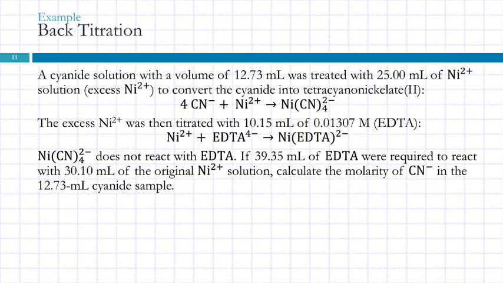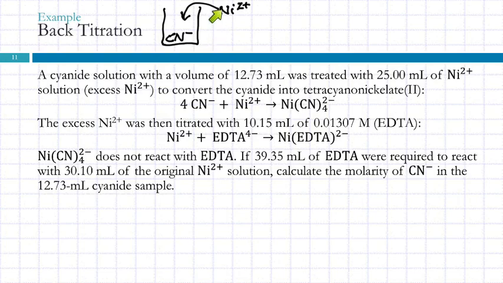Well, maybe let's try a beaker. So here's our beaker, because it's easier to draw than an Erlenmeyer flask. And it's got some cyanide in it. And we want to know what's the concentration of cyanide. So what we do is we add some nickel ion. We add more than enough nickel ion to react with all of the cyanide.